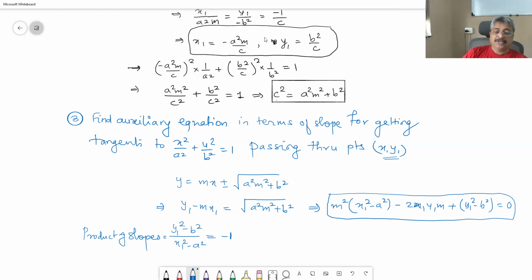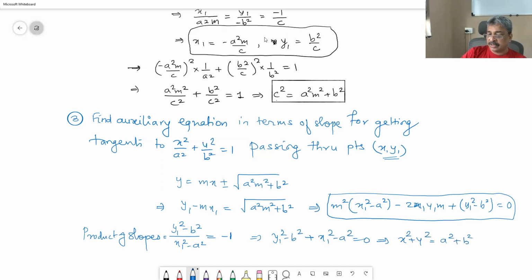So it's a locus. The locus of the point of intersection of perpendicular tangents is y1 square minus b square plus x1 square minus a square is equal to 0. Replacing x1 and y1 by x and y respectively, we get x square plus y square is equal to a square plus b square.